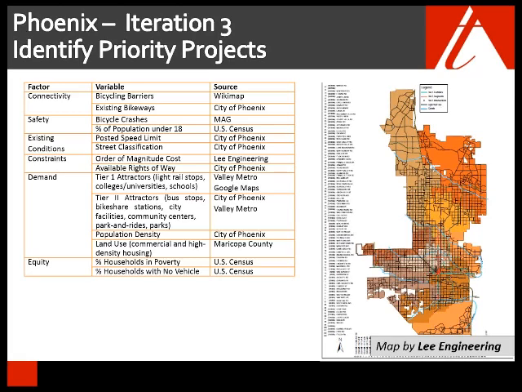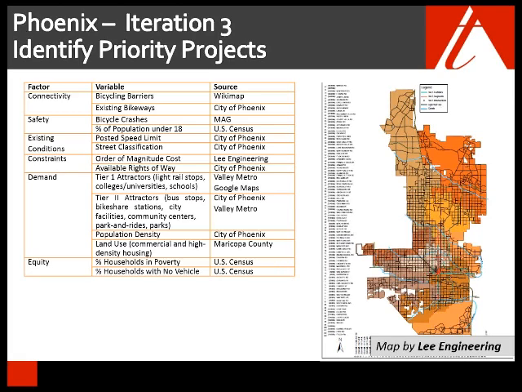The emphasis was on closing gaps and bridging barriers in the existing bike network, which is why this step included the connectivity factor. You'll notice this list also includes variables related to the constraints factor, specifically order of magnitude cost and right-of-way availability. These variables were included because the City of Phoenix wanted to make sure that the priority list included projects that could be implemented relatively quickly.